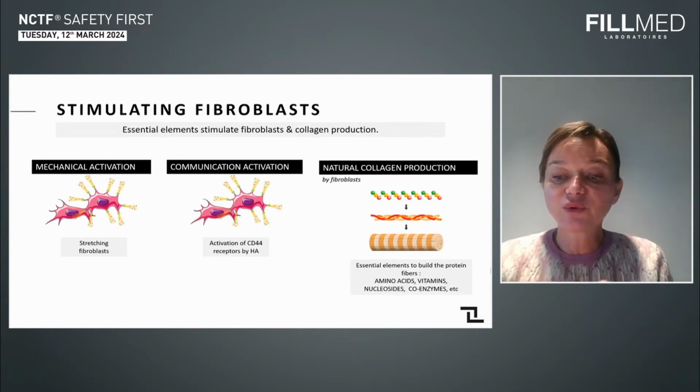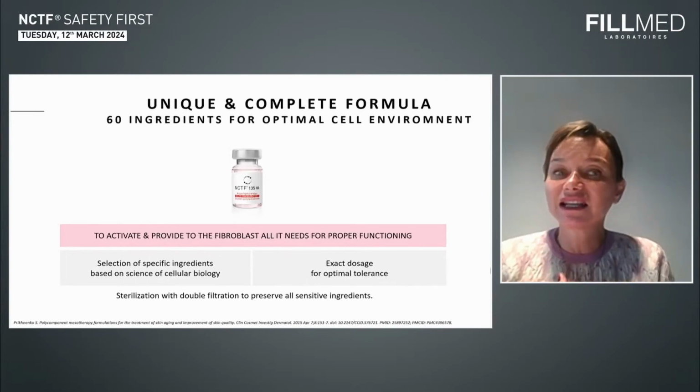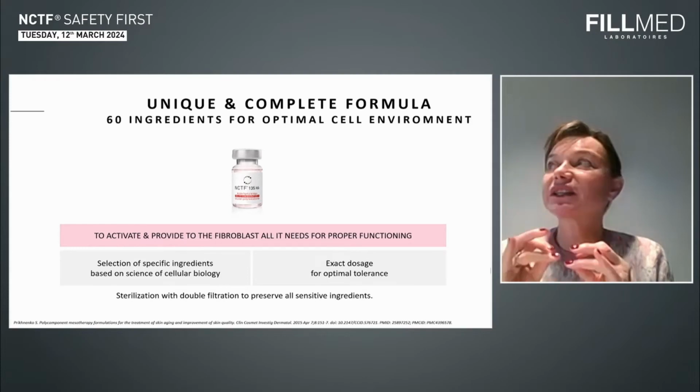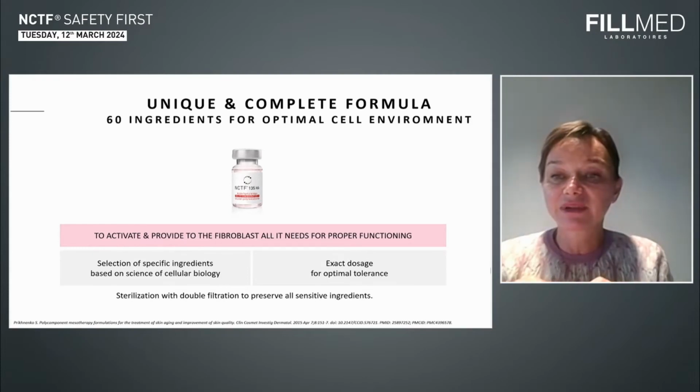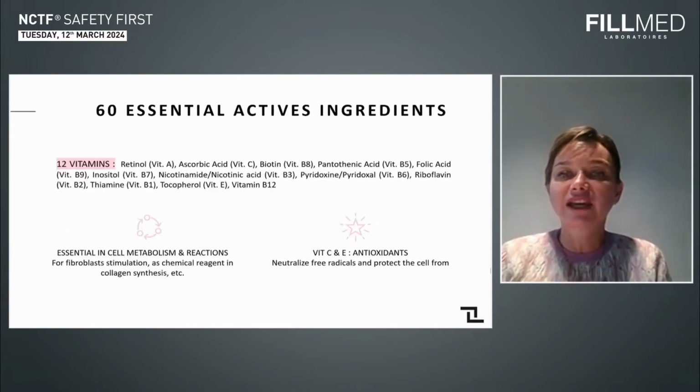In NCTF, the formulation provides, among the 60 ingredients, 24 amino acids. We do know since preclinical studies that the 60 ingredients, selected based on cellular biology science, are at the optimal dosage with excellent tolerability to stimulate the fibroblast in a nutritive way.